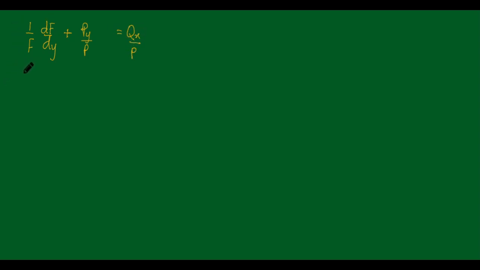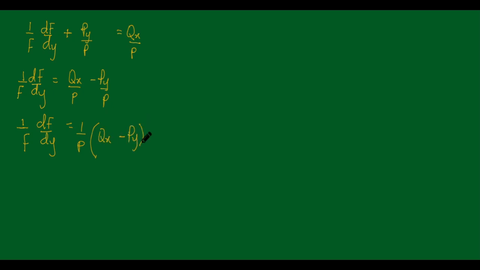So on collecting the like terms, we have 1 over f df dy should be equal to q subscript x divided by p minus p subscript y divided by p. So we have that 1 over f df dy will be equal to 1 over p, in brackets, q subscript x minus p subscript y.